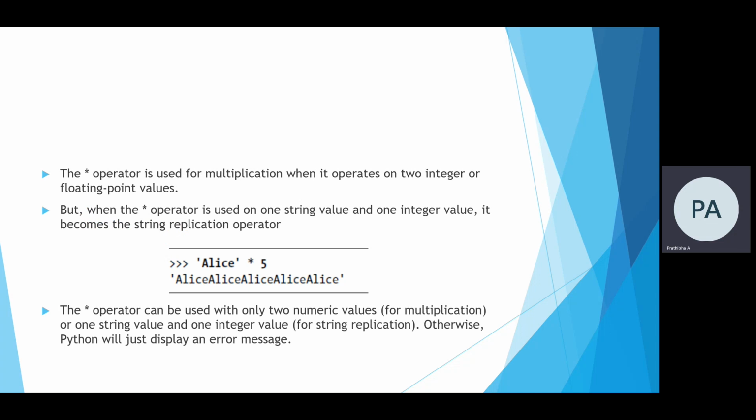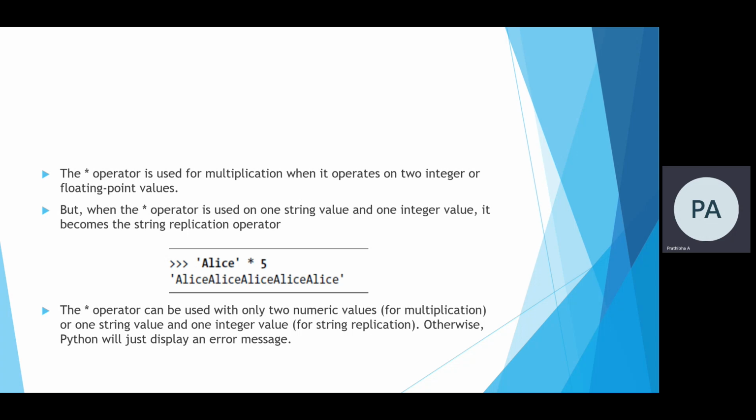Next, the other concept here is replication. The star operator is used in two ways. If I use it between two integers or two floating point numbers, it performs multiplication.